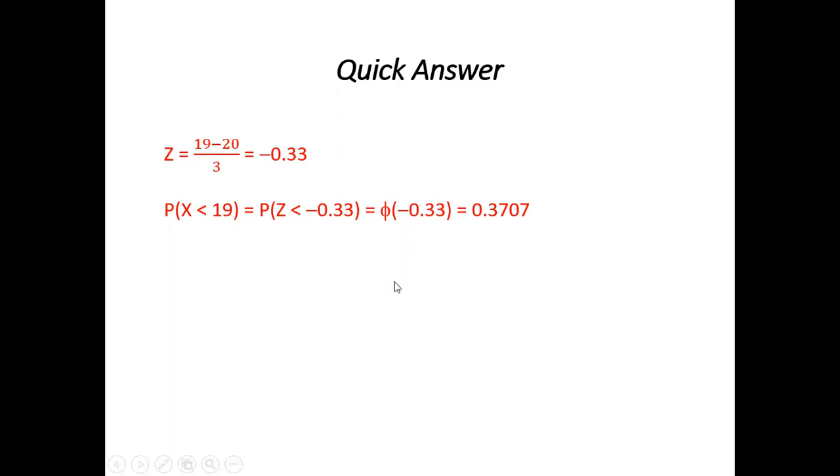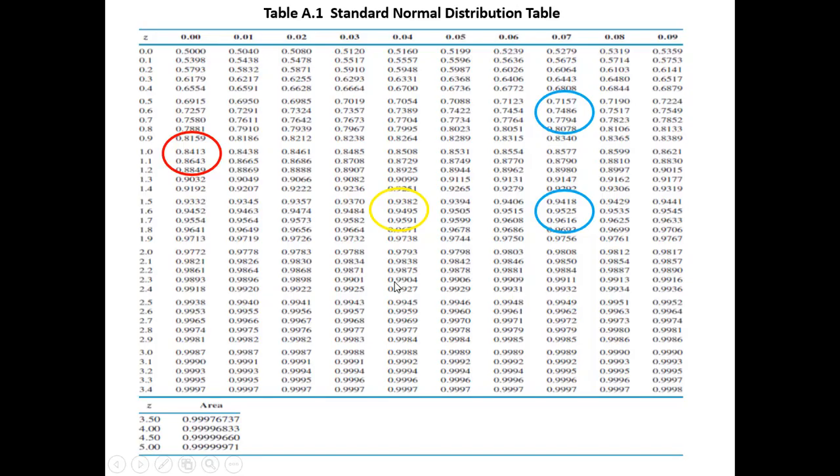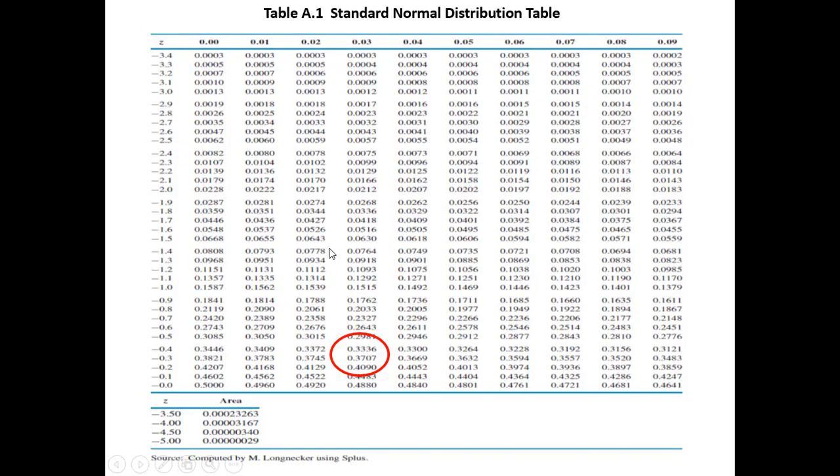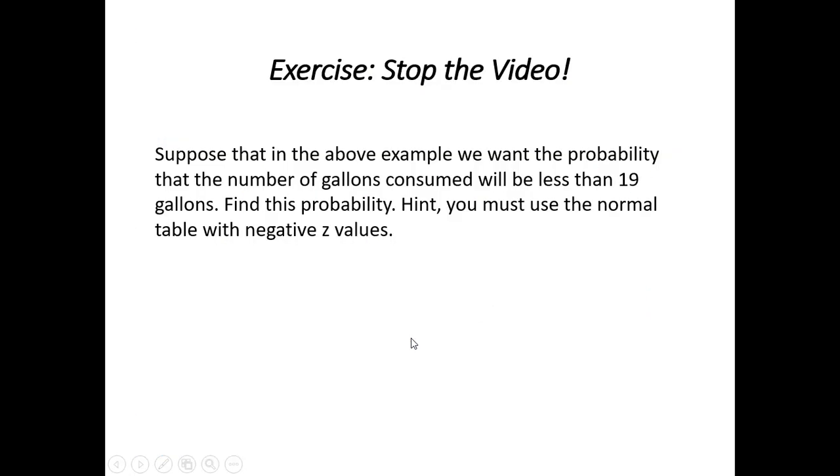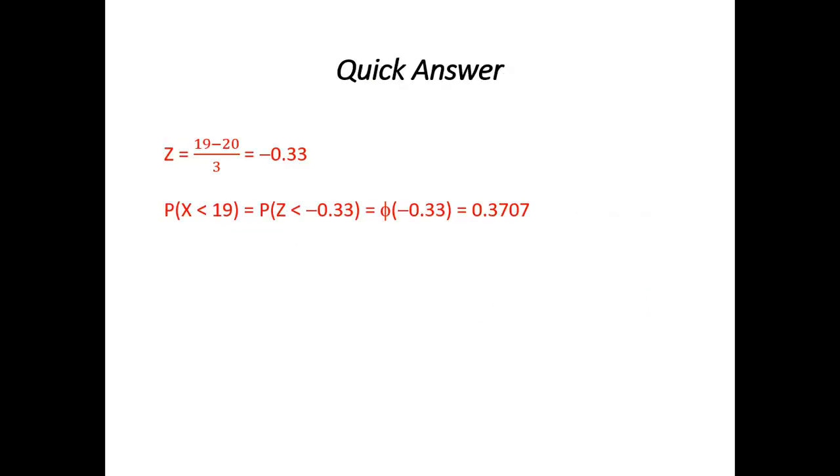So we go to our table, and we need now the one with the negative z values. So minus 0.3, so I know it's this row, and I have minus 0.33, so this gives me the second decimal place. So you could see over here, we end up with 0.3707 to be our final answer.